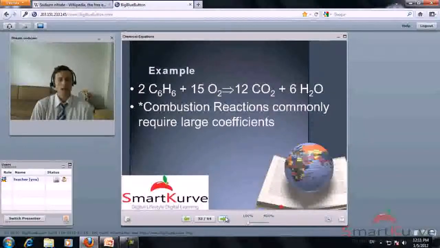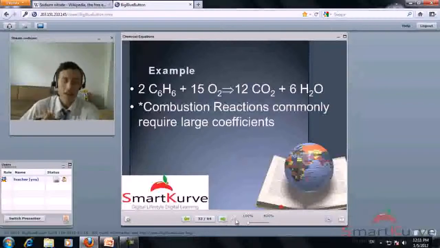Here we see an example: 2C6H6 plus 15 O2 yielding 12 molecules of carbon dioxide and 6 molecules of H2O. As you notice, they commonly require very large coefficients.